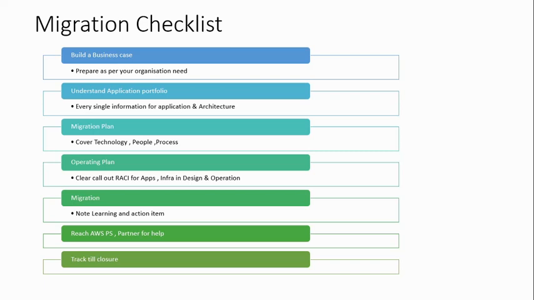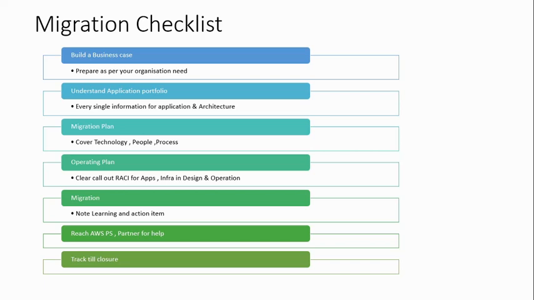During one of your migrations, it's very important you make a note of your learning so that next time, when you do another application migration for the same or a different infrastructure, you make faster progress. So making a note of the learning is also one of the checklist items. Reach out to AWS professional services partners for help and track till closure. So that is my migration checklist. I have other slides which I'll cover later.